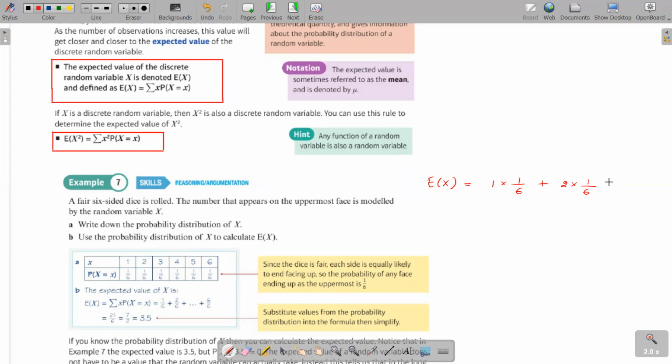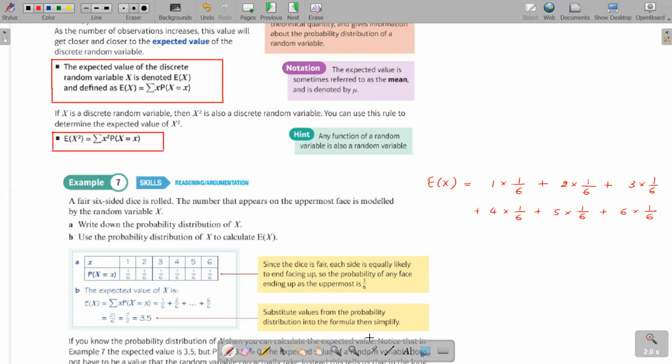Plus the next value, 3 into 1 over 6. Plus 4 into 1 over 6. Plus 5 into 1 over 6. Plus 6 into 1 over 6.